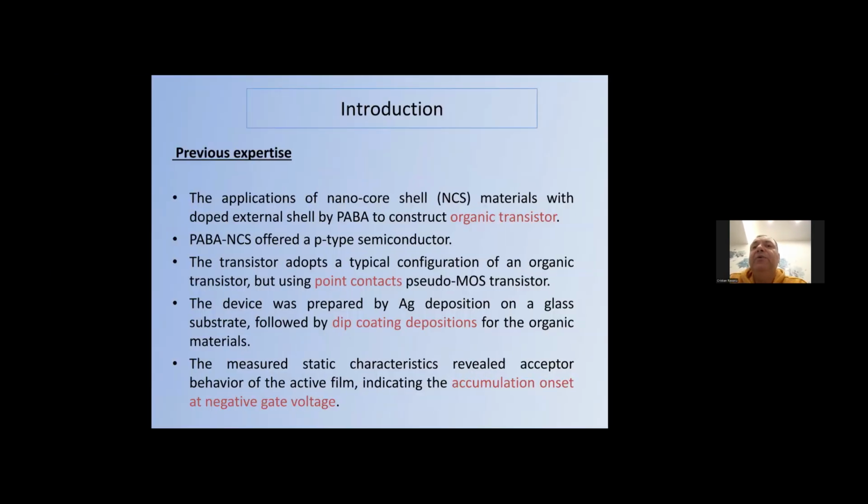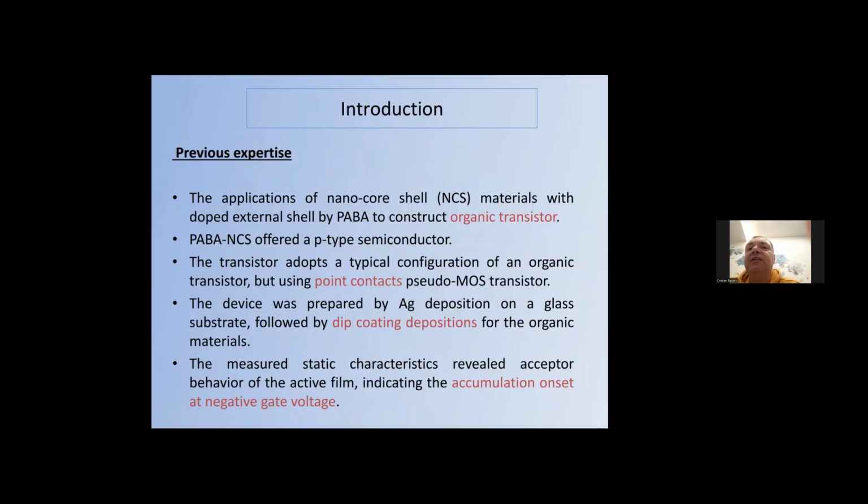As we have previous expertise, we synthesized nanocore shell materials doped on the external shell using PABA, para-aminobenzoic acid, to construct organic semiconductors.